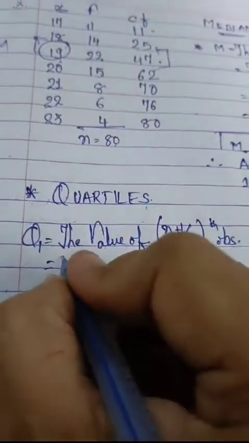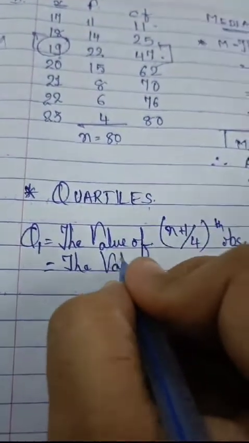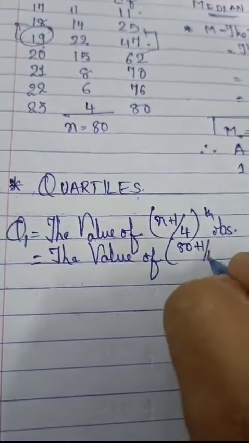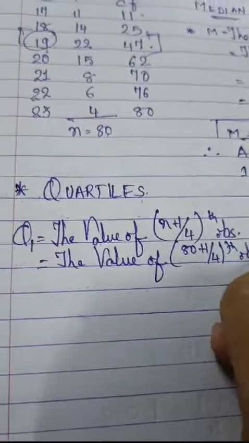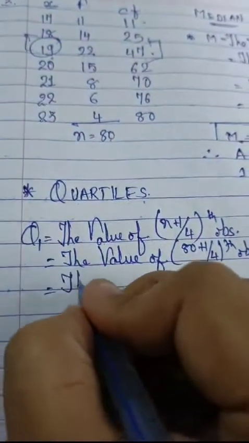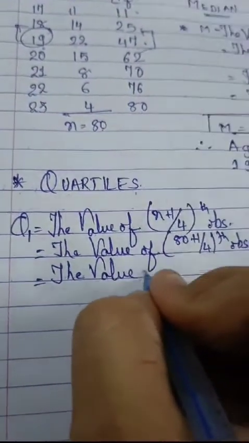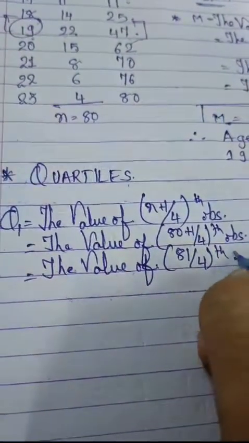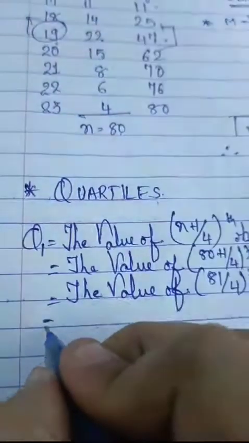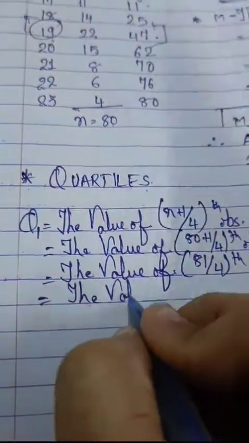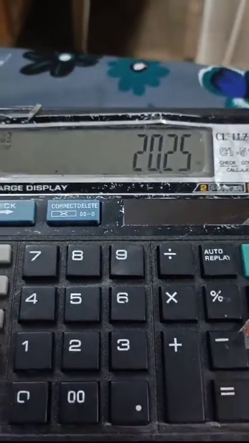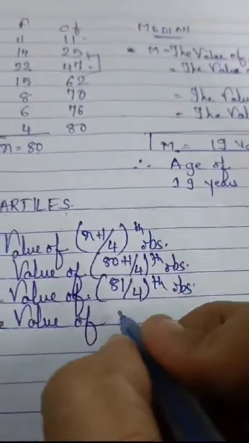So next, the value of 80 plus 1 divided by 4th observation. The value of 81 divided by 4th observation. Therefore the value of 81 divided by 4 is 20.25.